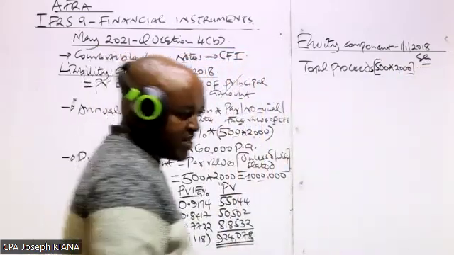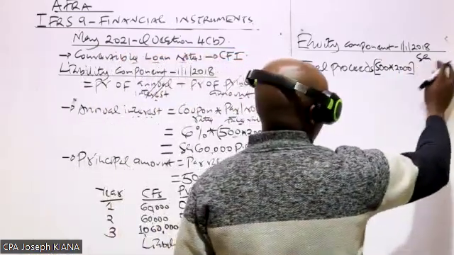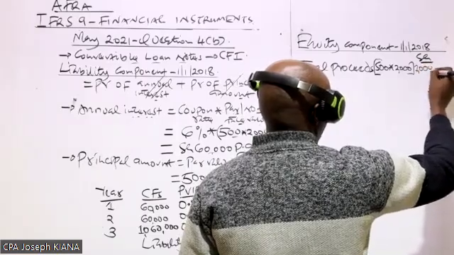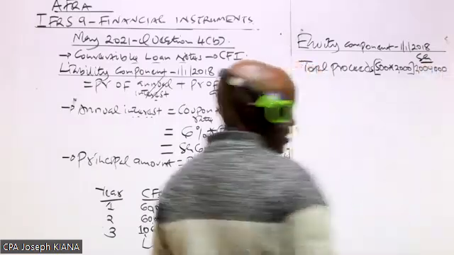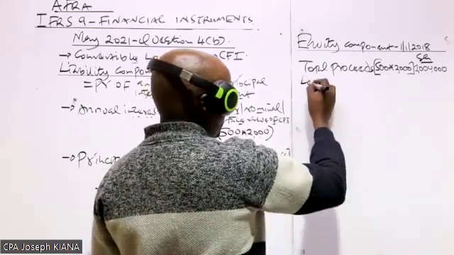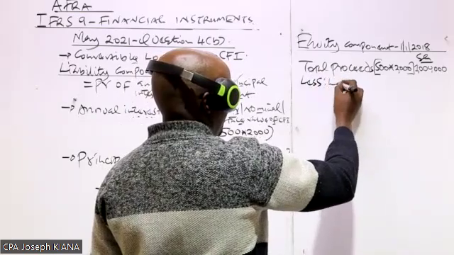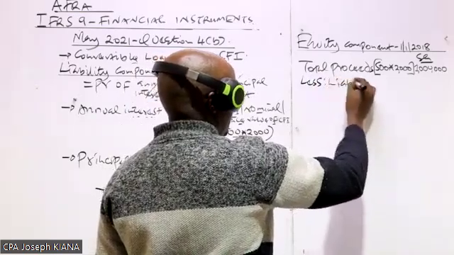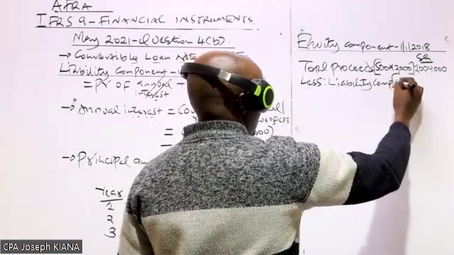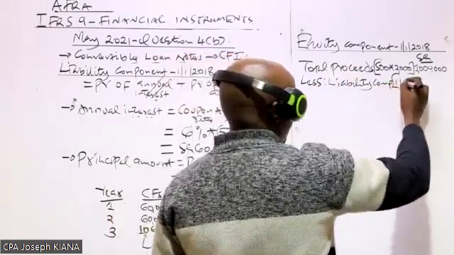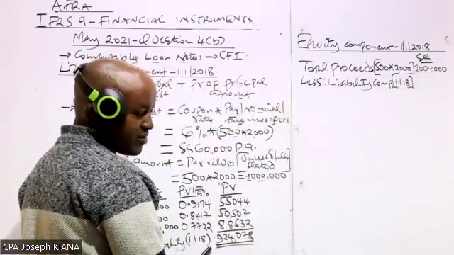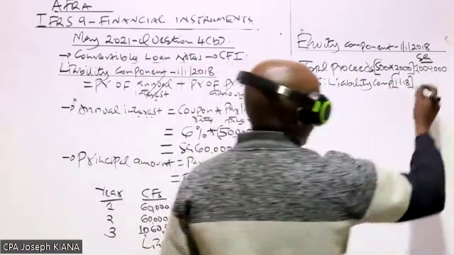So meaning that the amount the company received here is 1 million. This is the total proceeds, the total amount the company received. So to this total proceeds, we then less the liability component on the same date, the liability component on 1st January 2018, which we have computed here, 924,078.